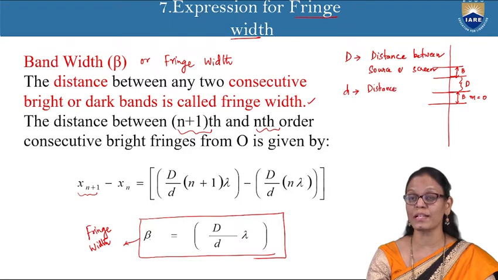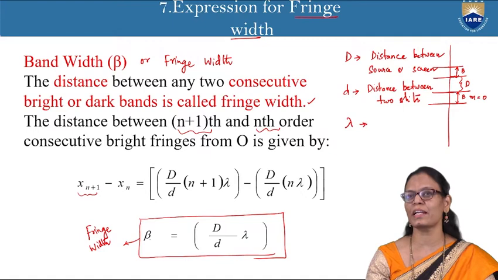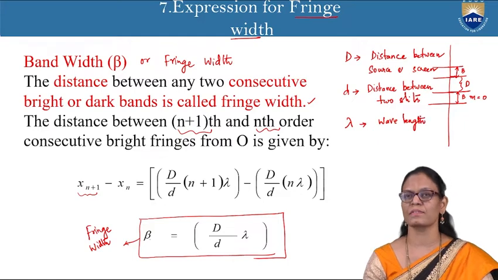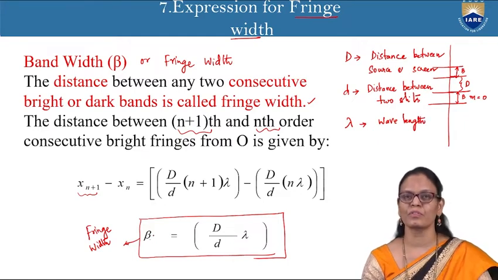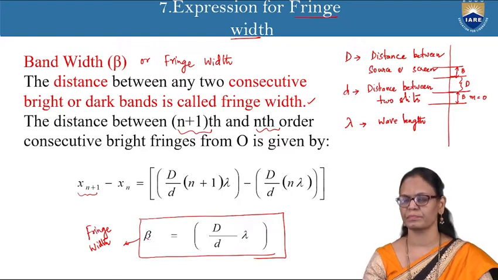We are taking two slits which are very closely spaced, so the distance between the two slits we are denoting by small d. And lambda here is the wavelength of light we are considering. So knowing these three, you can very easily calculate the fringe width beta.